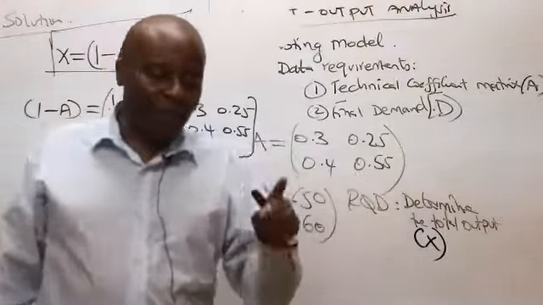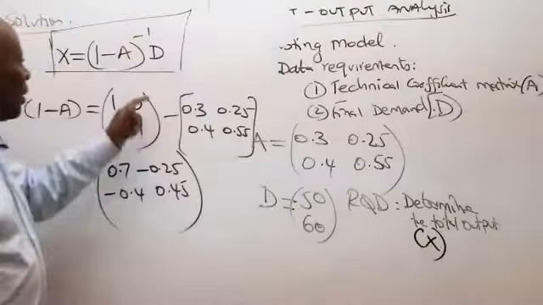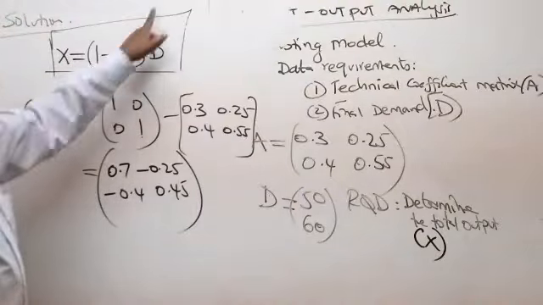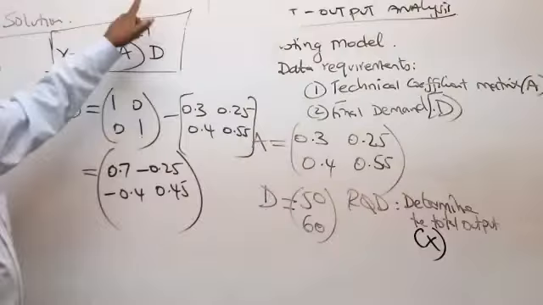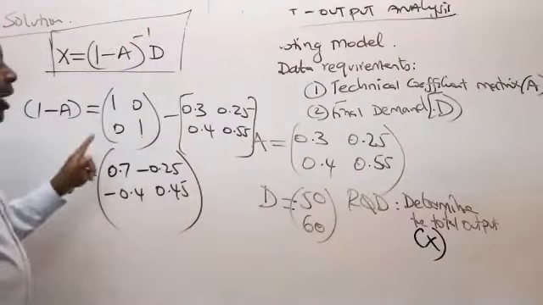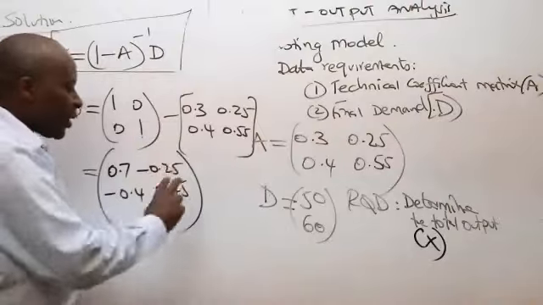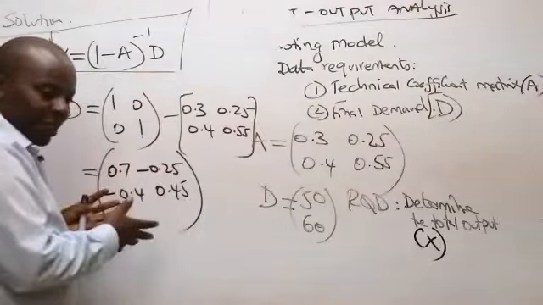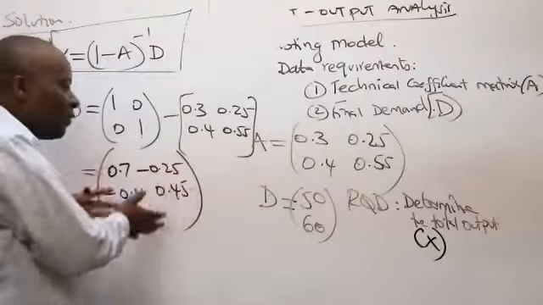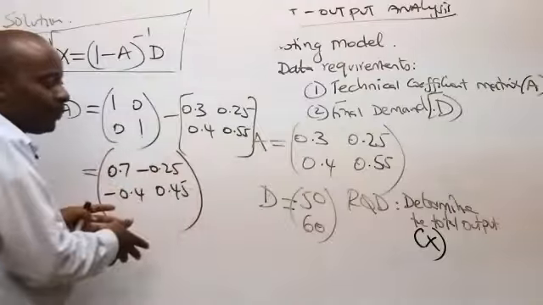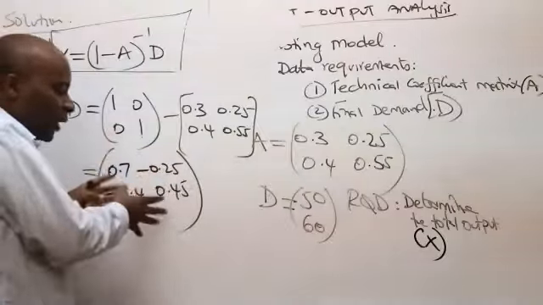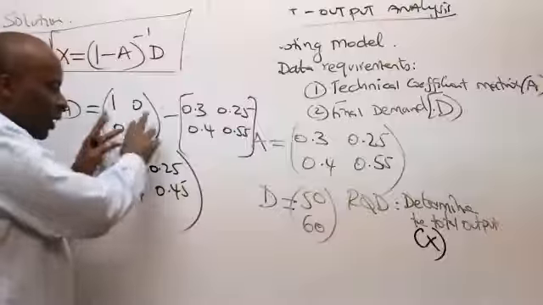Find the inverse. Thank you very much. Because this raised to minus 1 means inversion. So remember, we are not getting the inverse of A, we are getting the inverse of I minus A, James. The one that we have just subtracted here, the result of our subtraction.